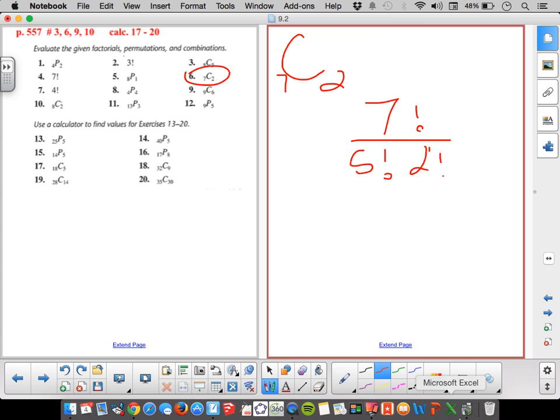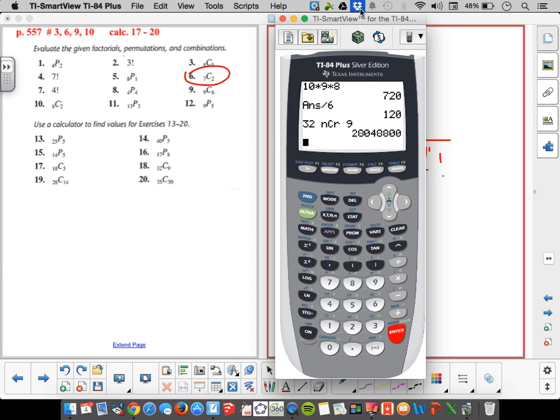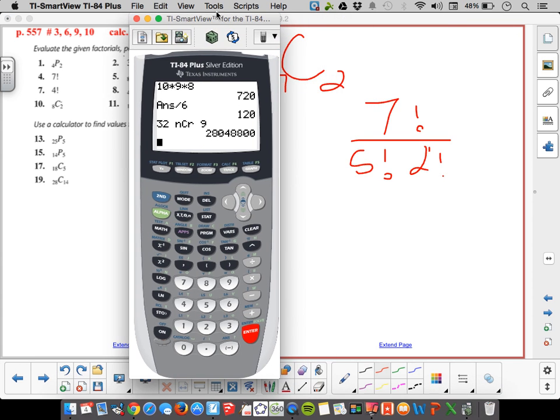Now, you can actually put this in your calculator using the factorial notation. So I can put in 7, Math, over to choose 4, and I can divide that by 5 factorial times 2 factorial. And I get 21.